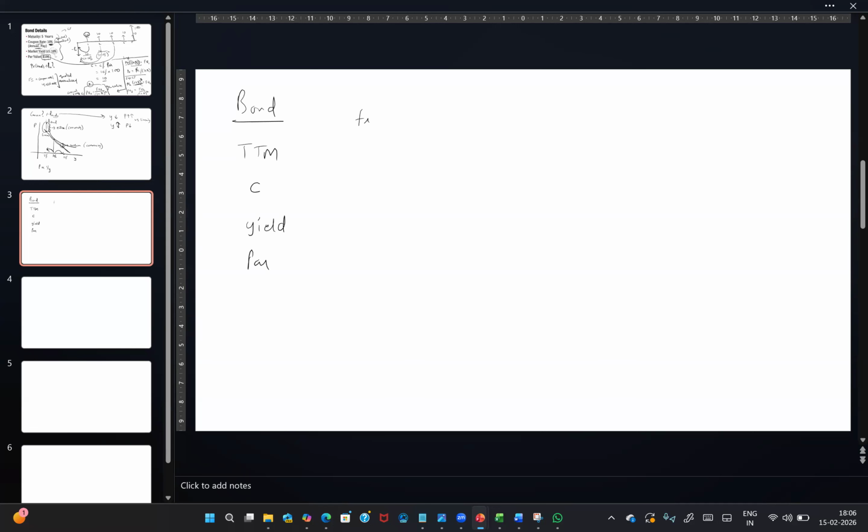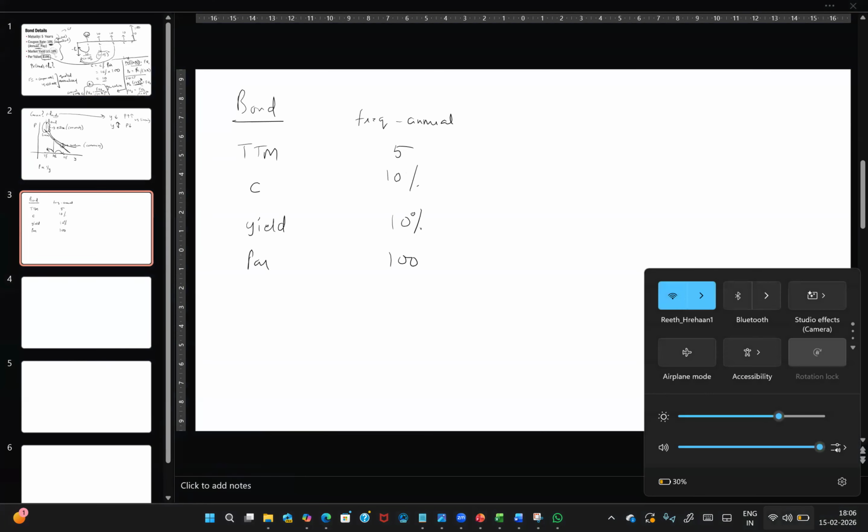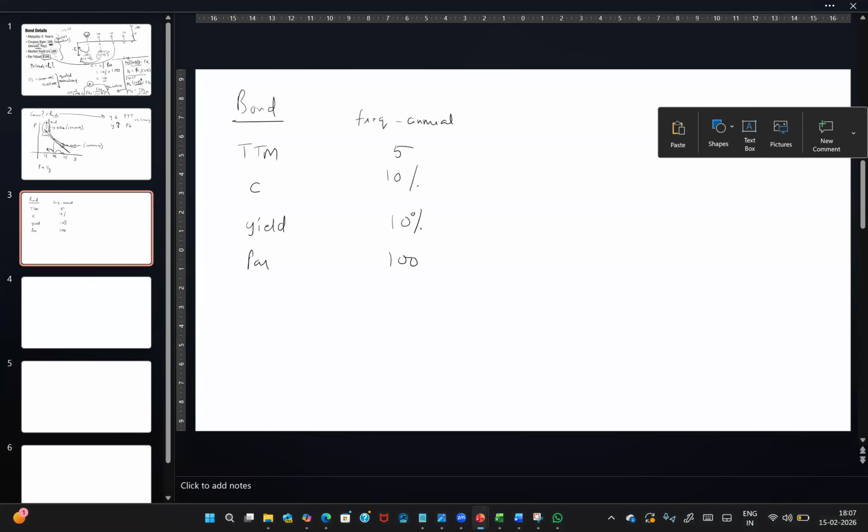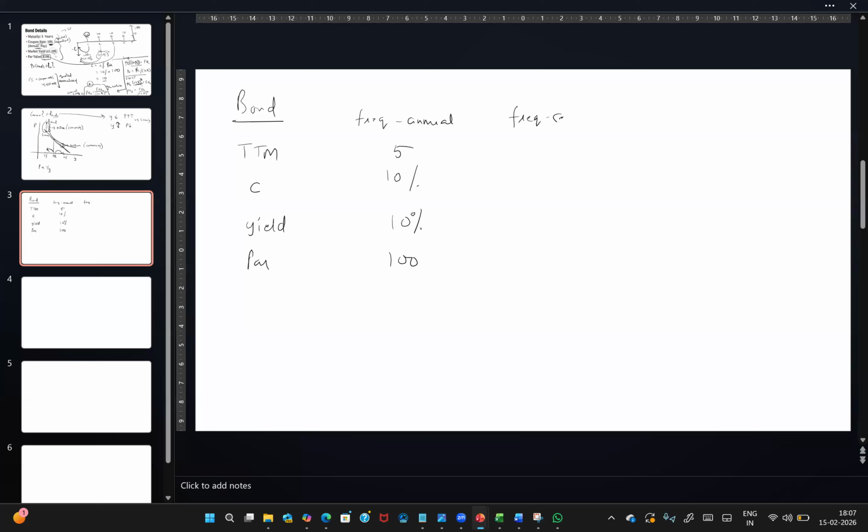Now, what changes in a bond is when there is frequency. Suppose frequency is annual initially, no problem. In our case, it was 10% coupon, 5 years to maturity, yield also 10%, par value 100. Now, suppose the frequency of compounding is not annual, it becomes semi-annual.